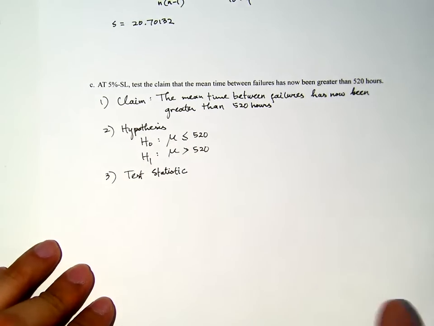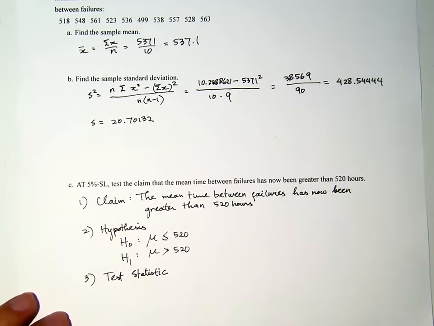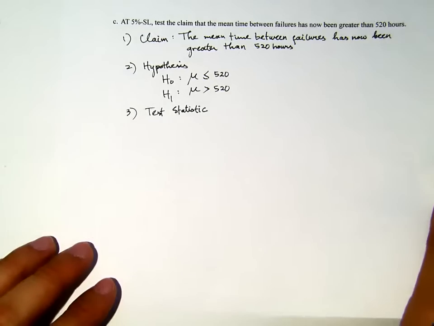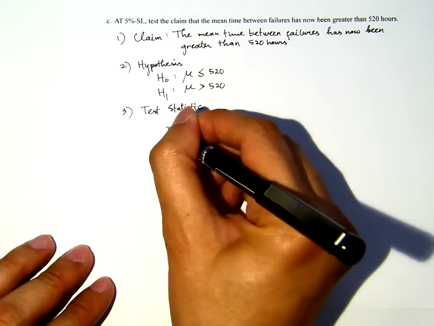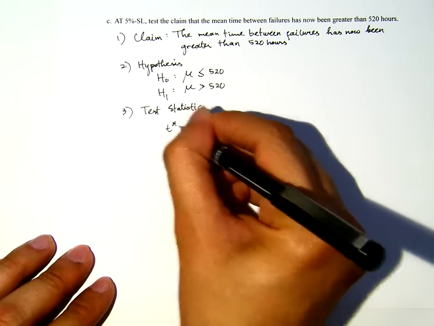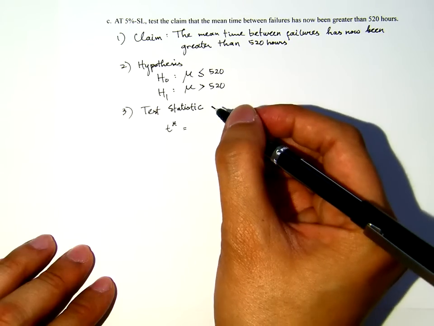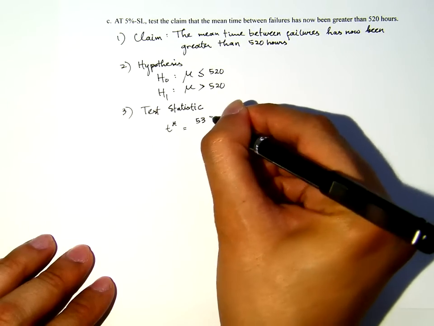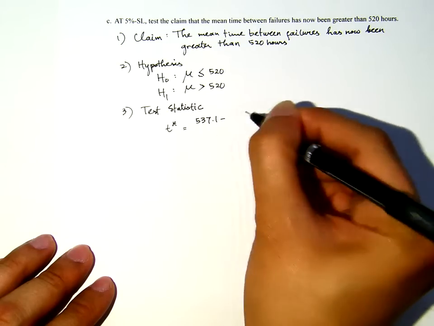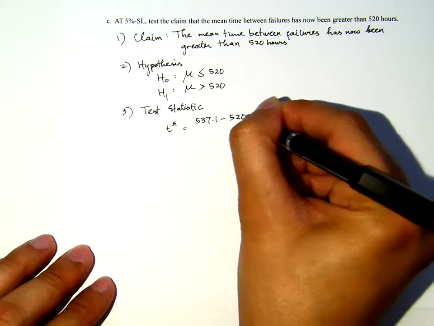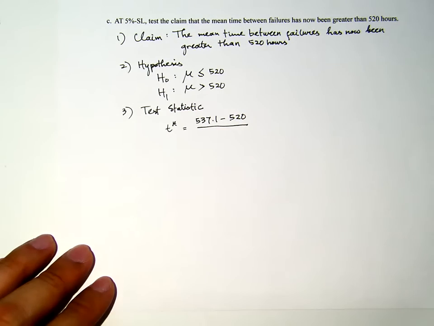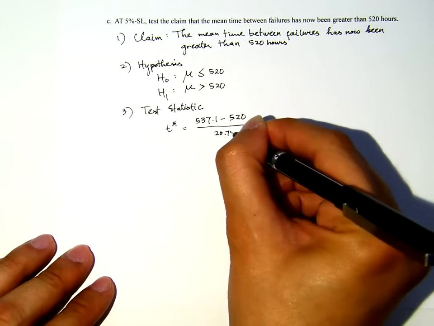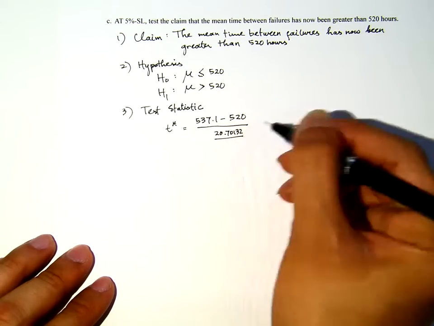Notice that because we don't have the population standard deviation, I will use the T statistic. T star equals the average I get from the data, sample mean, minus the expected population mean, over the sample standard deviation over square root of 10.